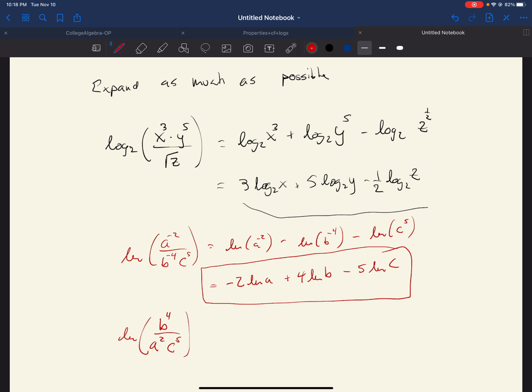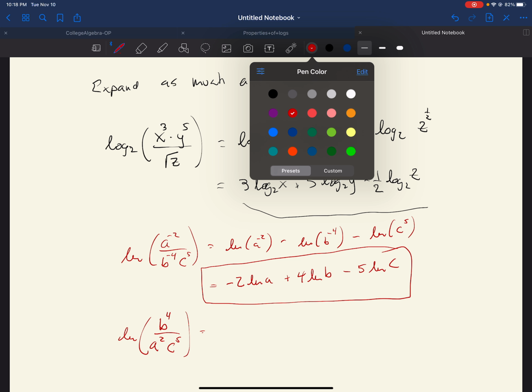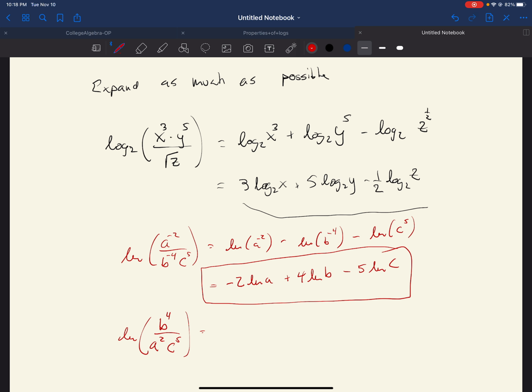Fine. Then I could say the b to the 4th's on top, so it should be ln of b to the 4th, but the 4, you know, by now is going to pull down. So it should be 4 ln of b, and then the a squared is on bottom, so it should be a minus, but the 2 is going to pull down, so minus 2 ln a.